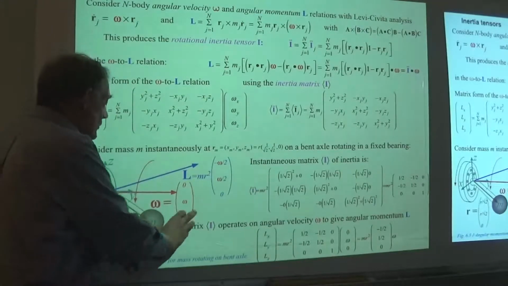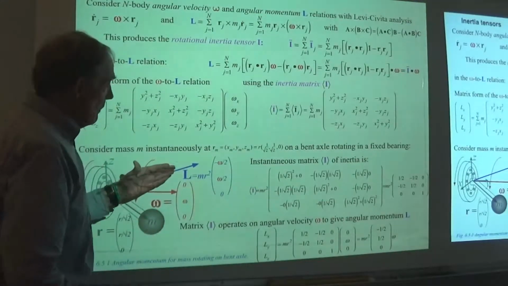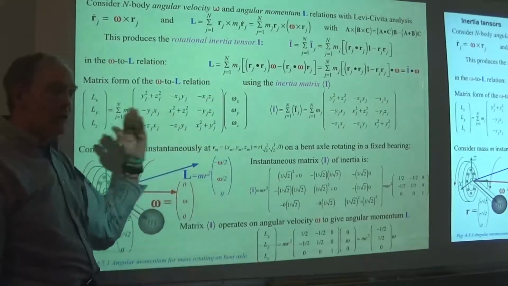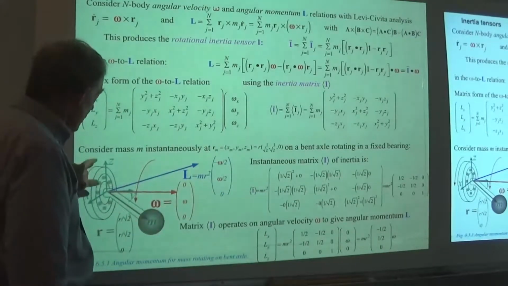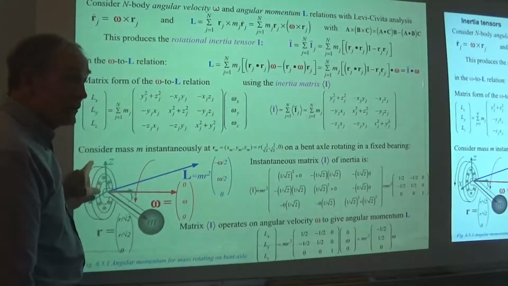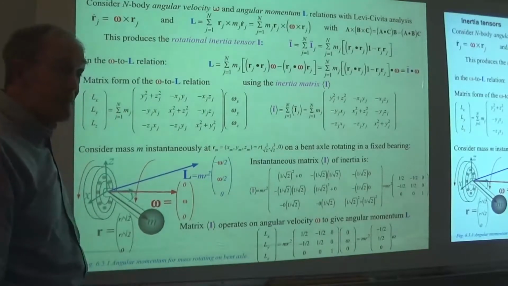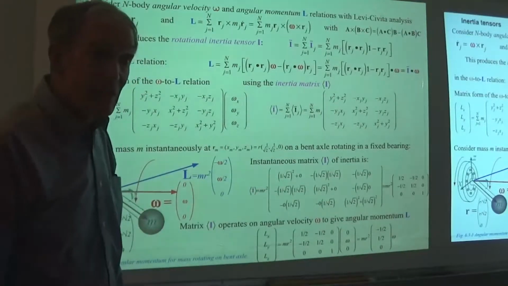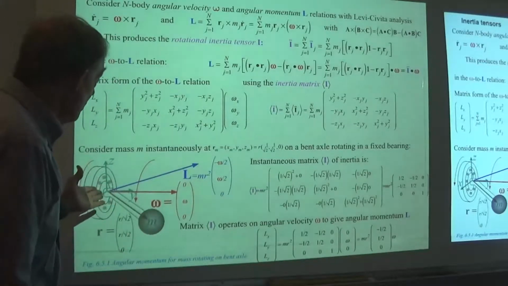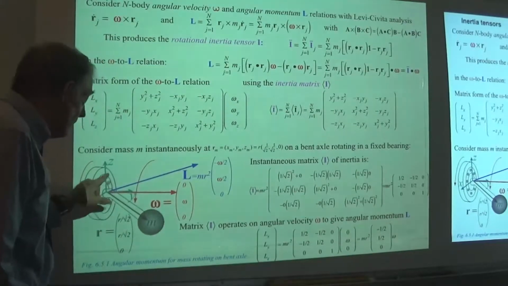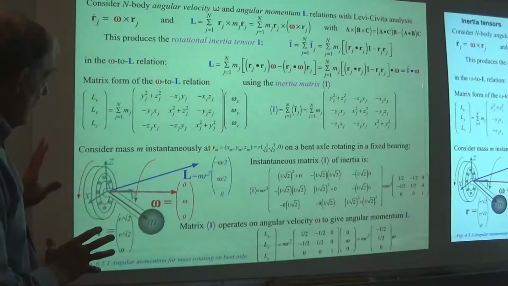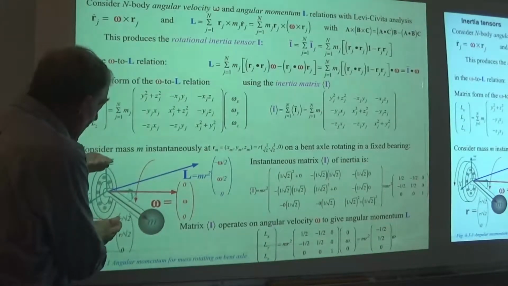And so as it rotates, the angular momentum is being forced around like that, and that means there's a horrendous torque being applied to the bearings as this thing rotates.